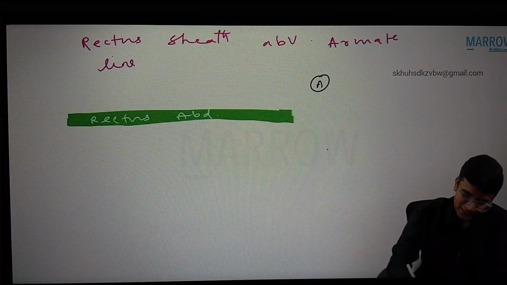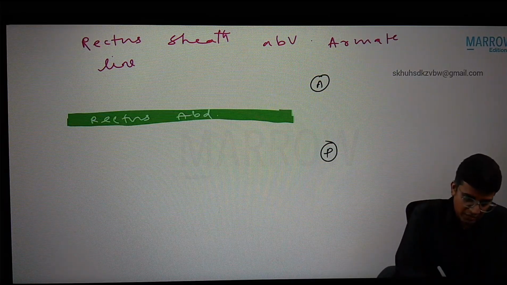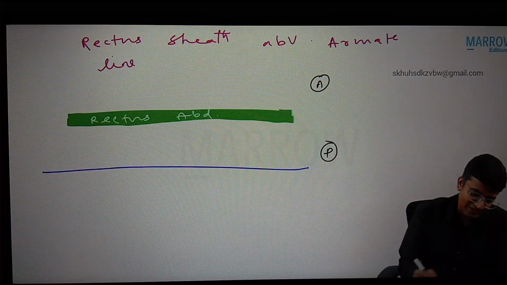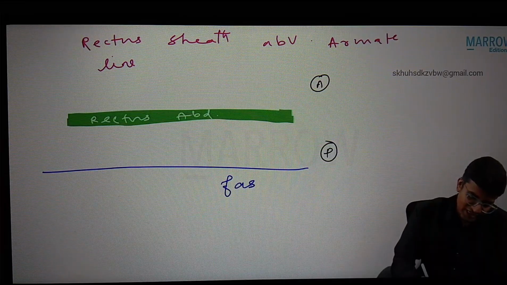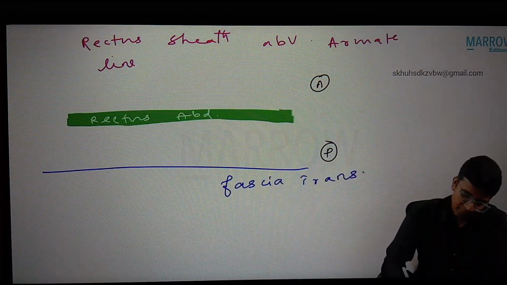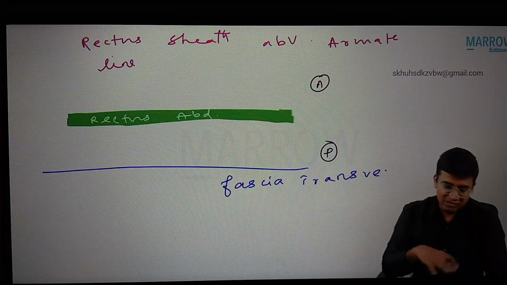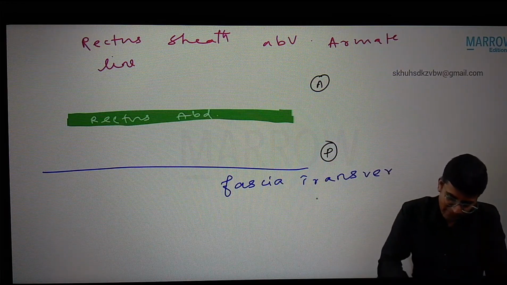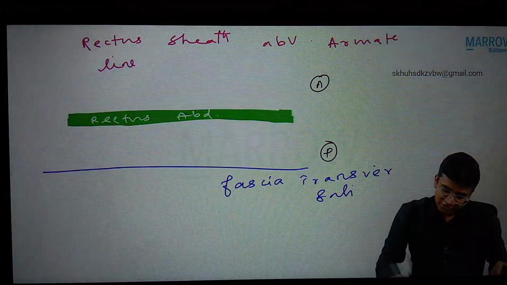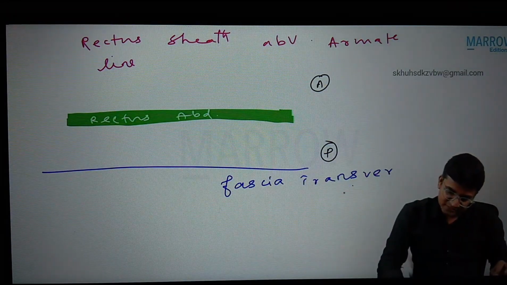This is anterior and this is posterior. Please remember, posteriorly we have the fascia, that is our fascia transversalis. The external oblique, internal oblique, and transverse abdominis are the ones forming the rectus sheath. So more posteriorly, draw fascia transversalis.